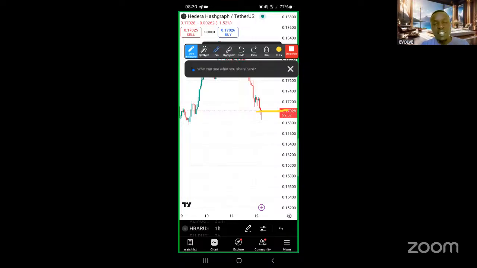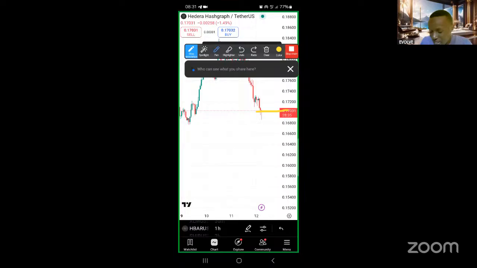Think of resistance as a ceiling and think of support lines as the floor. And the current market price is down there. So it can either go up or it can go down. Do you copy? Now we want to find out where the price will find support in case it starts going down from where we are entering.